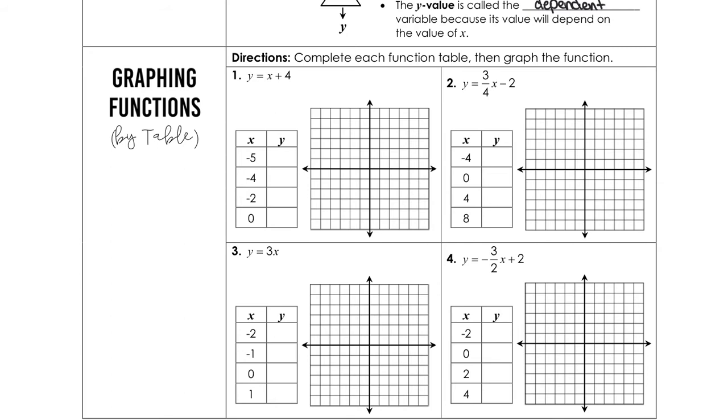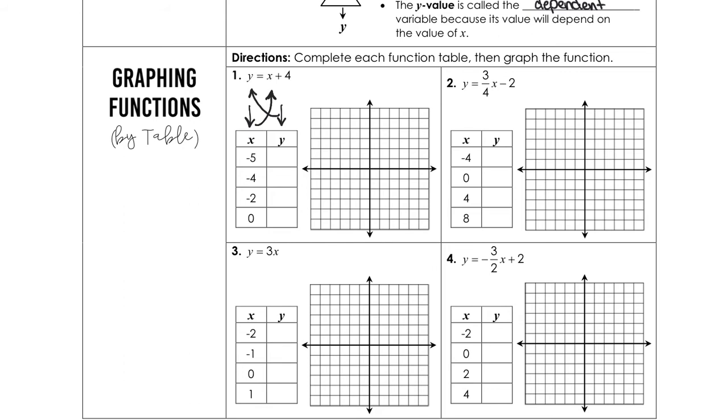by table. So what I have here is a table of X values, and this table of X values corresponds directly with this equation that also has an X in it. This table also has a Y value, which corresponds with this equation because it's got a Y in it.